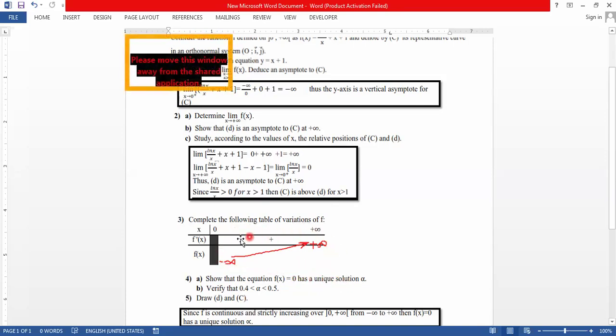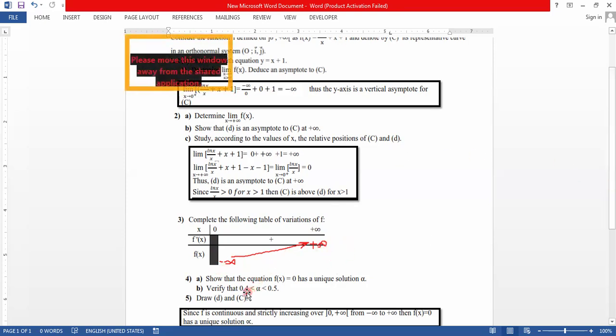Because f of x is continuous and strictly increasing from minus infinity, which is a negative value, to plus infinity, which is a positive value. Then f of x definitely will admit a unique solution. Okay, so I have to answer: f of x is continuous and strictly increasing over 0 to plus infinity, from minus infinity, which is a negative value, to plus infinity, which is a positive value.